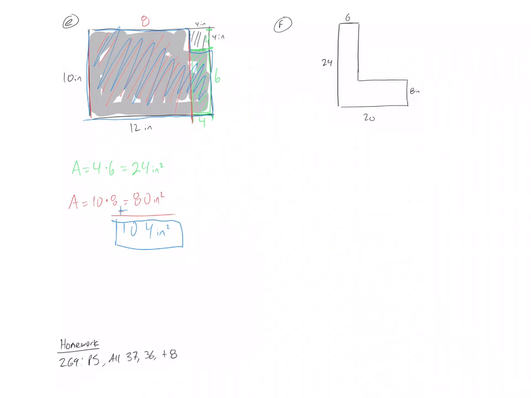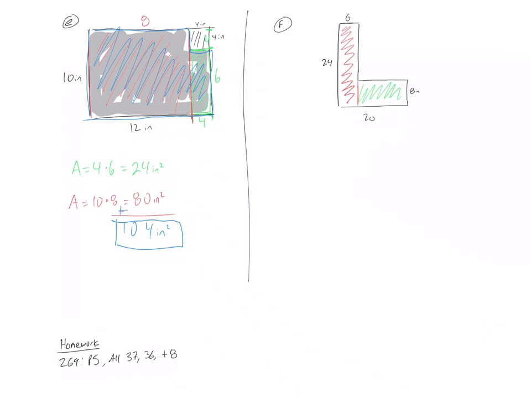Alright, let's try one more here. This is F again from your practice set. Let's again cut this into a red part and a green part. I'm going to cut it right here. This one here is going to be the red one, and then this one over here is going to be the green one.